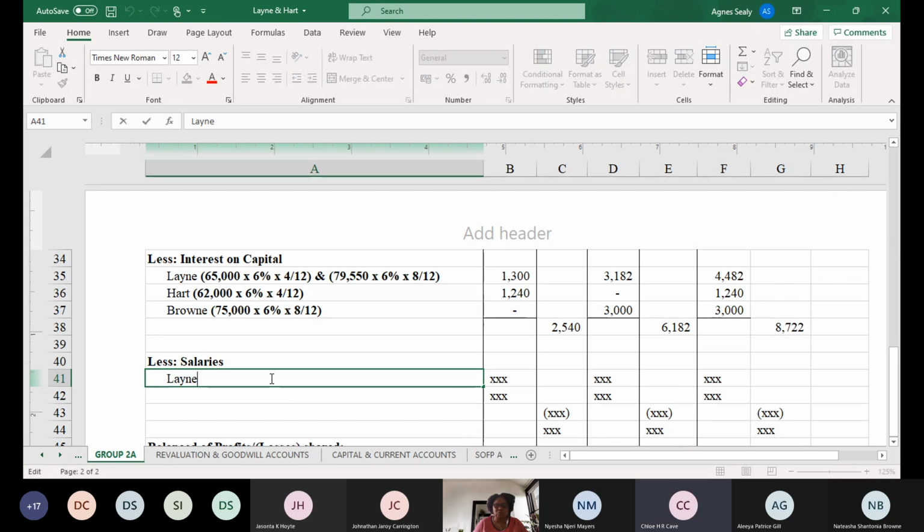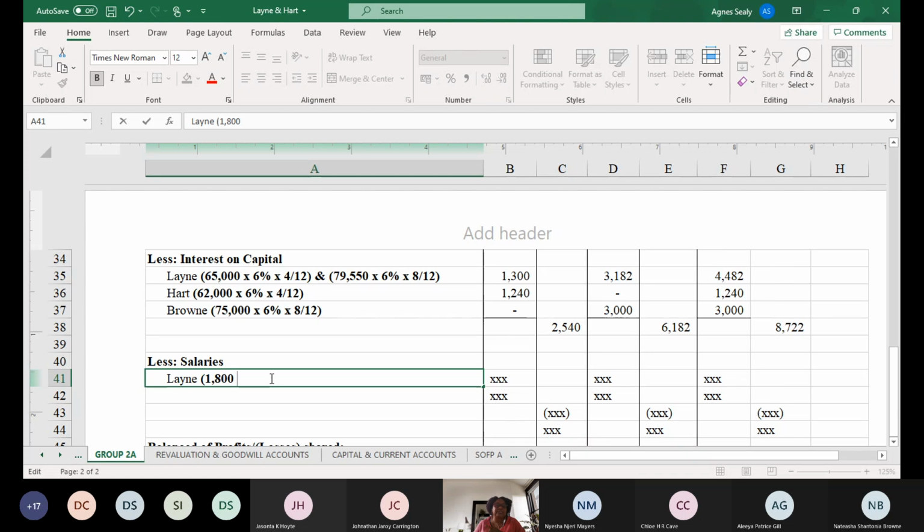Yes, it's under the new agreement, and the salary was $1,800. However, remember the new agreement's $1,800 is for the full year. But under the old agreement Layne wasn't getting any salary, so that 4-month period does not count. We have to find out how much salary Layne is entitled to for the 8-month period of that agreement.